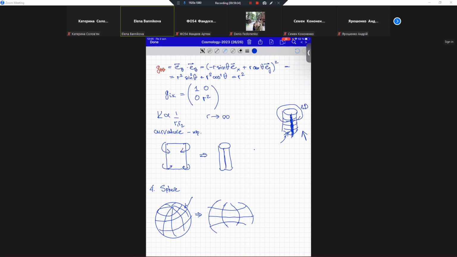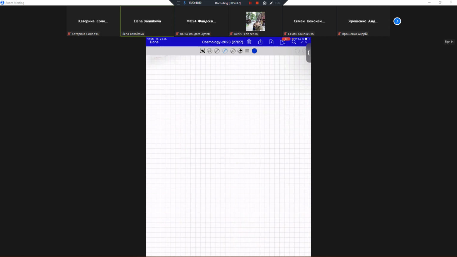In principle, if we consider an element in the spherical reference system, the spherical coordinate system, I will remind you, this is X, Y, Z, and in the system we have angles phi, theta, and r.